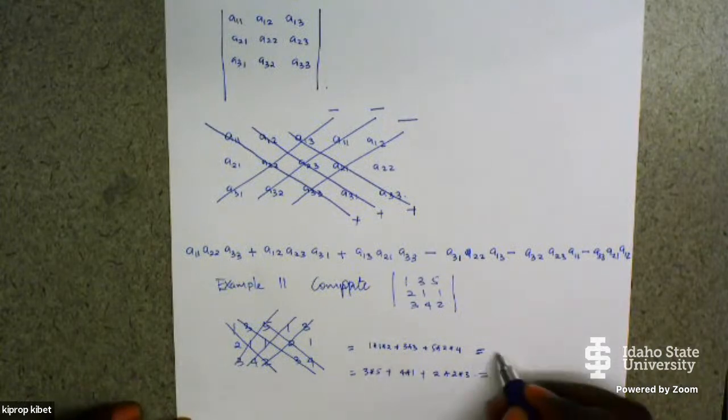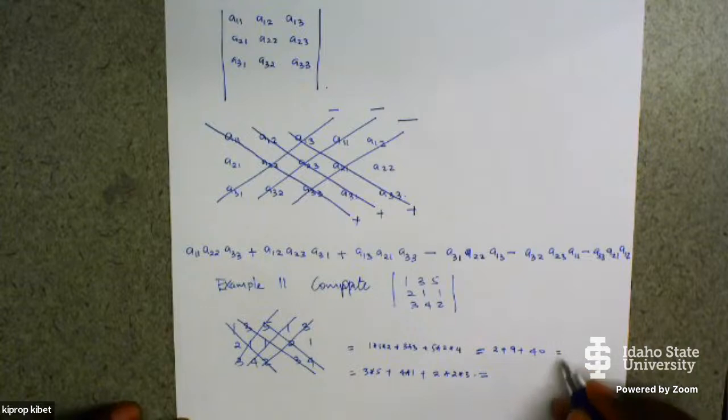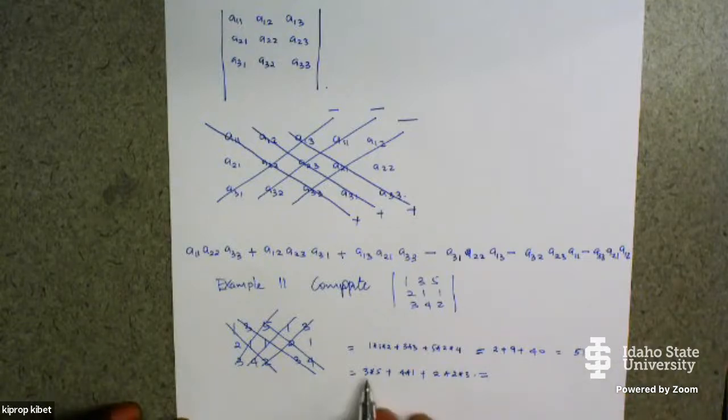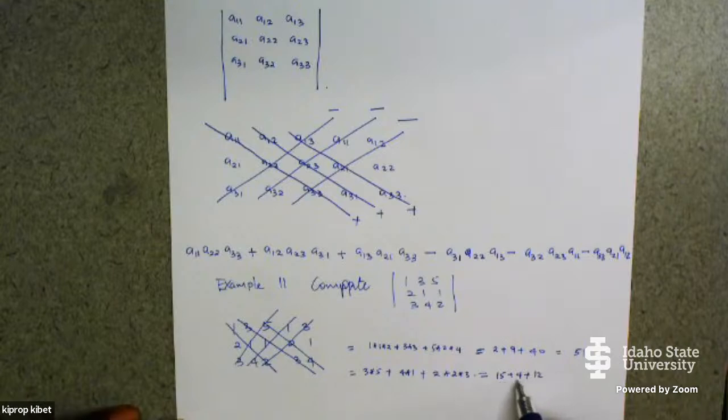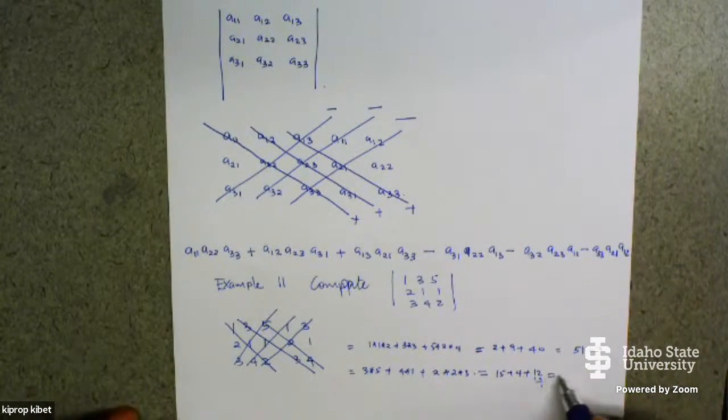So the first is 2 plus 9 plus 40, which is 51. And the second is 15 plus 4 plus 12, which is 31.